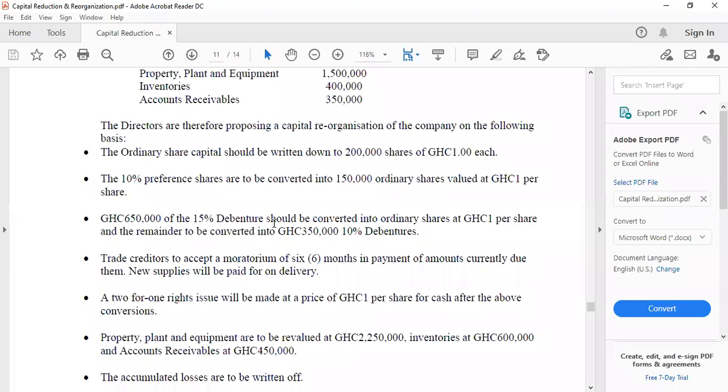So the total number of equity shares will now be what? 1,000. So you are saying that 2-for-1. 2-for-1 means bring one of your shares and take one new. So how many shares are they going to have now if it should be 2-for-1?